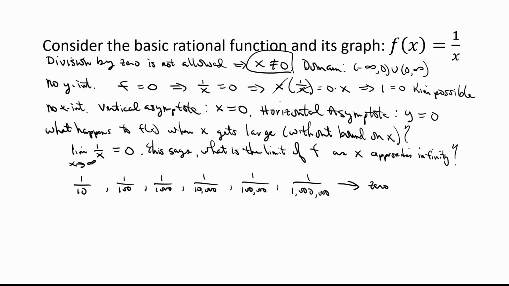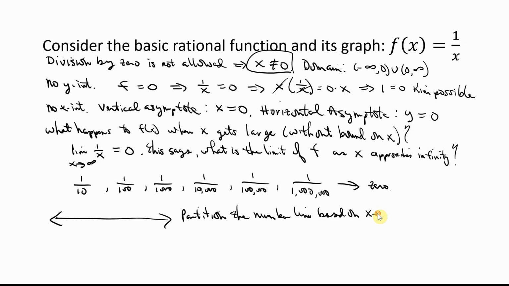So now let's look at the number line and partition the number line based on the critical x values: x-intercepts if possible. Sometimes you don't have an x-intercept, like for this problem.